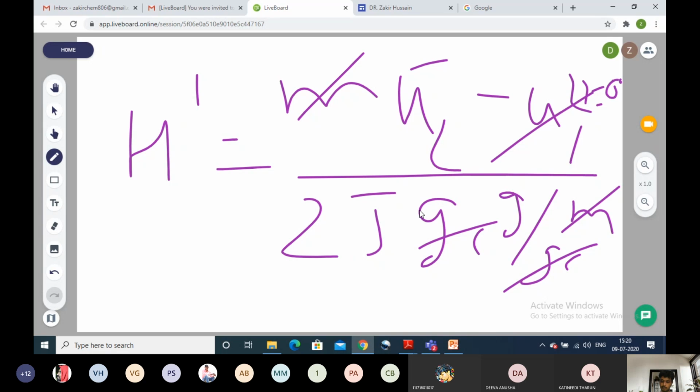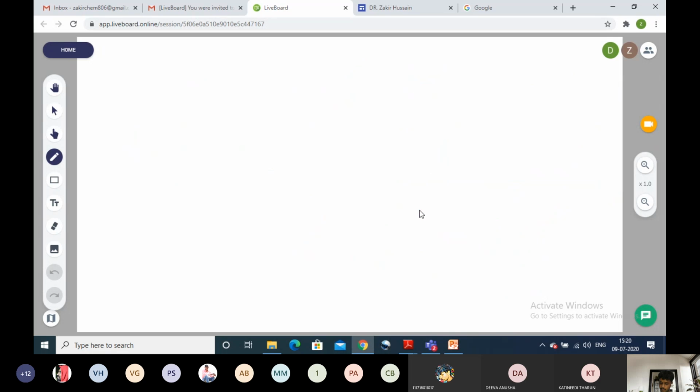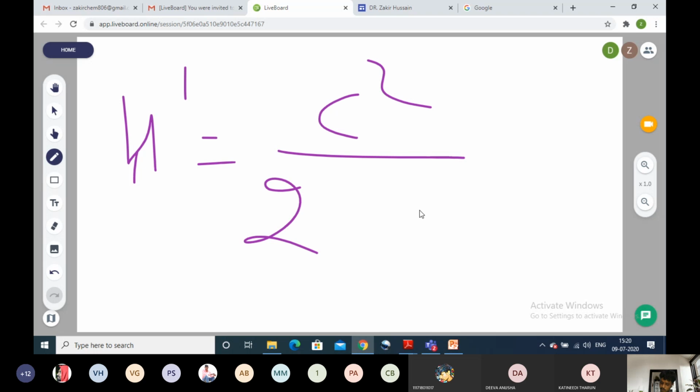U2 we already defined: u2 is equal to the velocity of sound, small c. So the left out terms will now be H dash is equal to c square by 2jg.